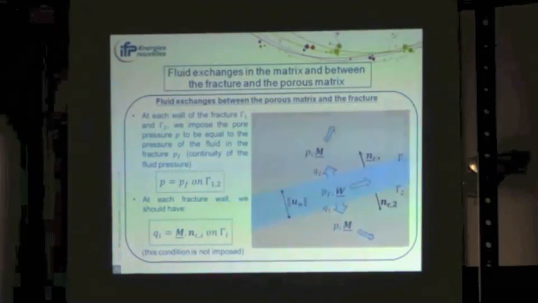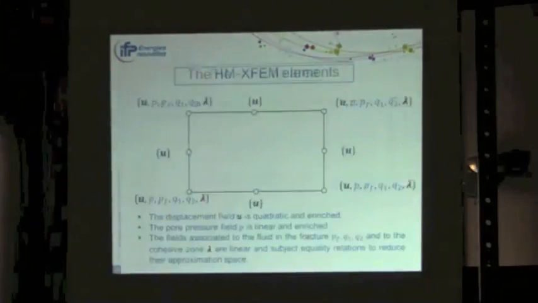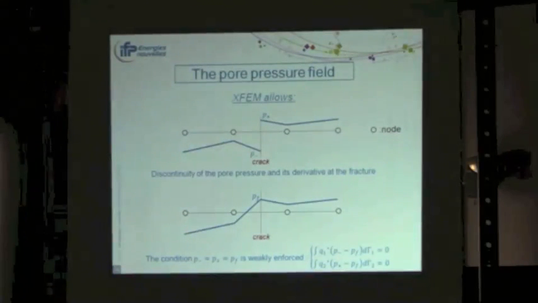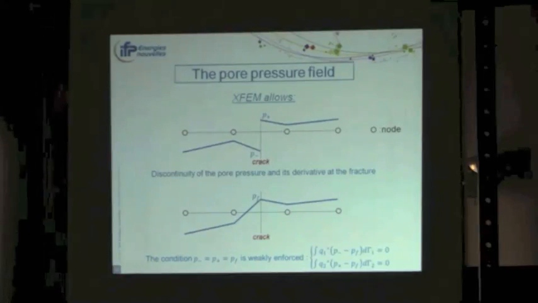Your question was why don't we introduce directly this kind of shape function? Yes. My PhD advisor, who is a specialist of this question, told me it would be easier.